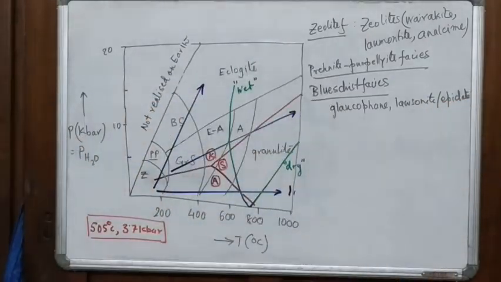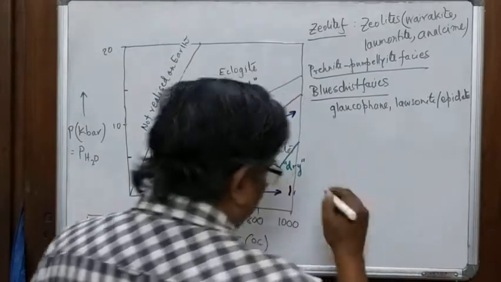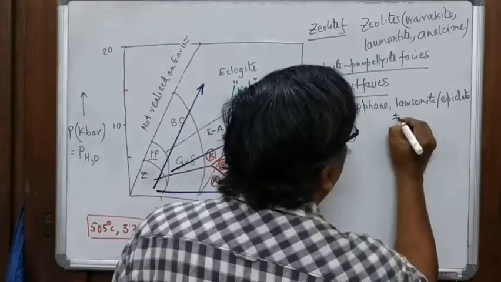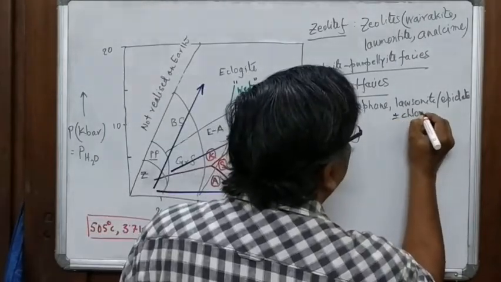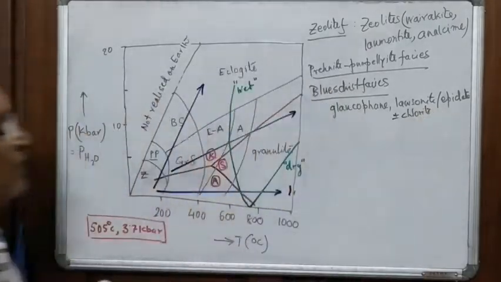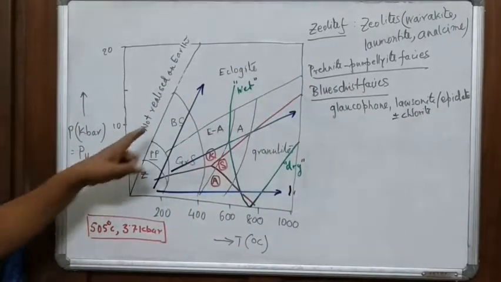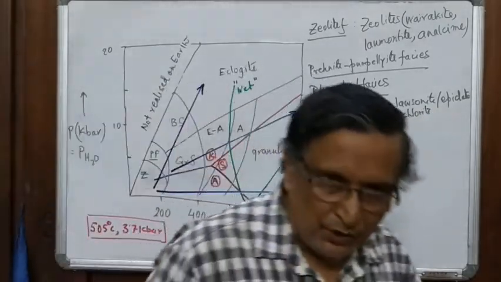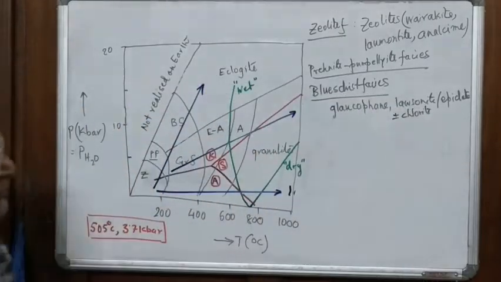So we have glaucophane, lawsonite and epidote, and we have also plus minus chlorite. This is the blueschist phases. The color of glaucophane is blue, so you get blueschist facies rocks.